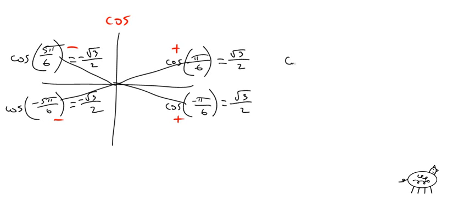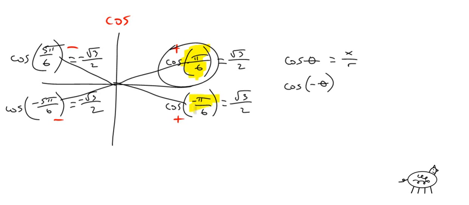So this one looks a little bit different. This one's saying cosine of theta is equal to x over r. And if I go cosine of negative theta, do you guys agree? Here's positive theta, and here is negative theta. So how does that change? The cosine of negative pi over 6 and the cosine of positive pi over 6, aren't they the same value?